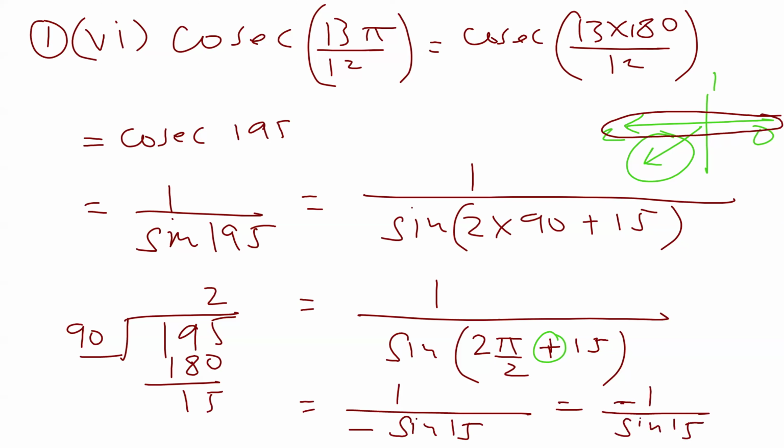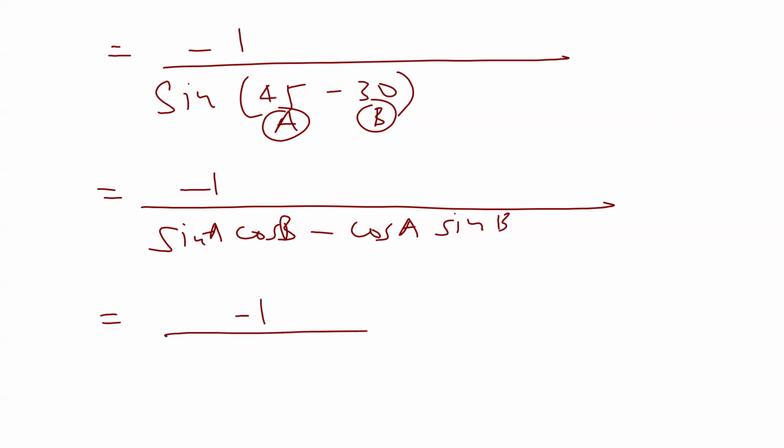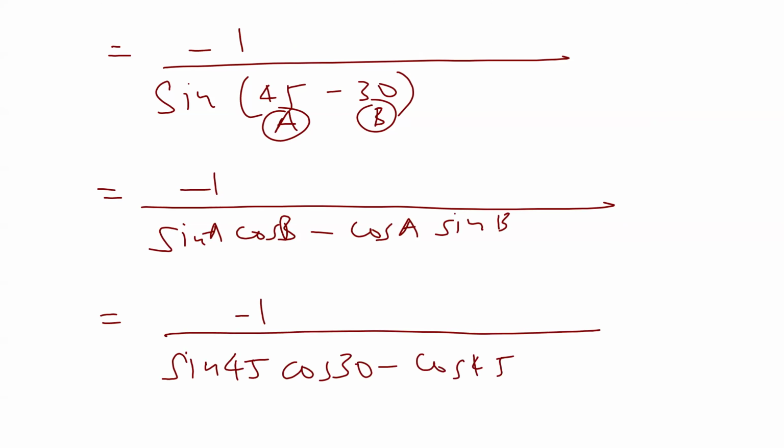Now sine 15 can be written as sine of 45 minus 30 or 60 minus 45. I'll go ahead with 45 minus 30. So minus 1 upon sine of 45 minus 30. This is A, this is B. Minus 1 upon sine A cos B minus cos A sine B. Minus 1 upon sine 45 cos 30 minus cos 45 sine 30.